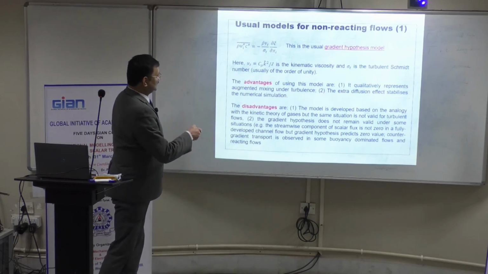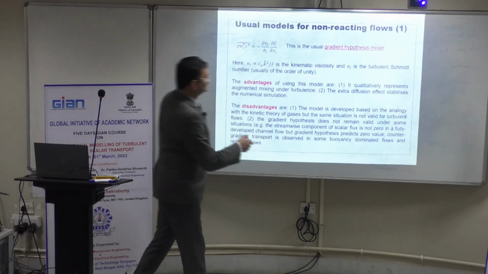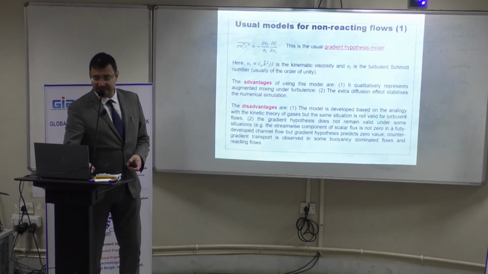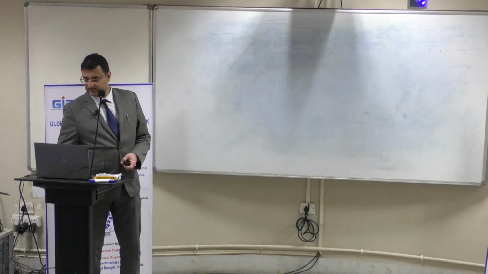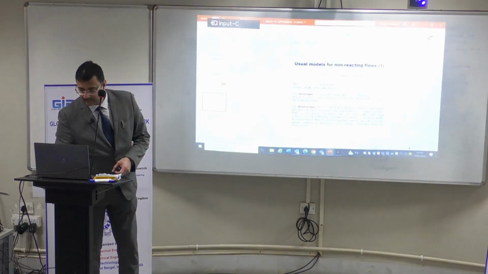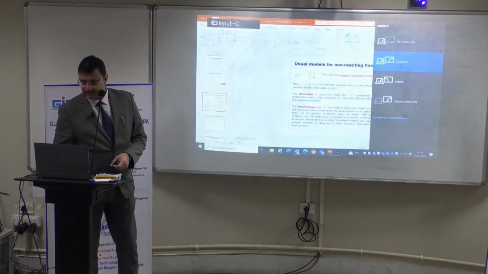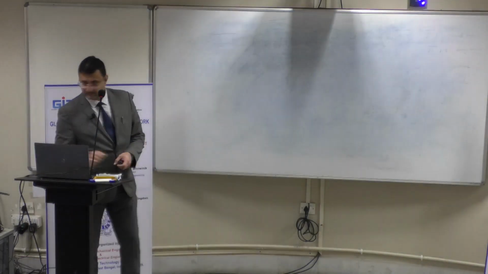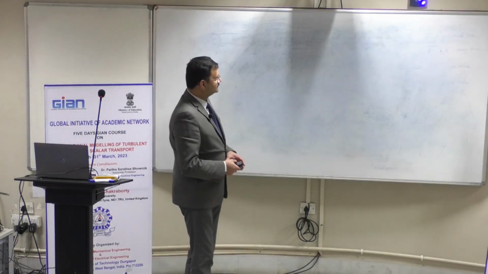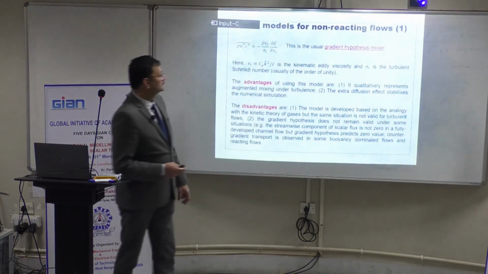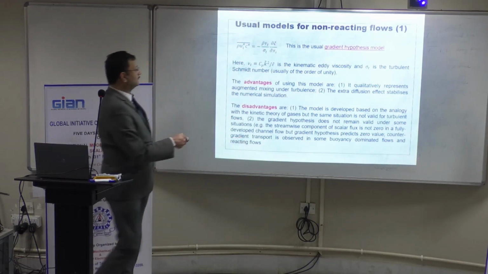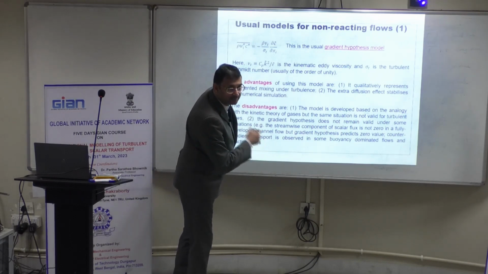This is essentially your kinematic eddy viscosity. And this is the turbulent Schmidt number, usually taken to be of the order of unity.